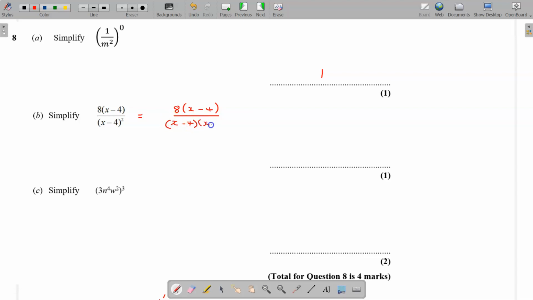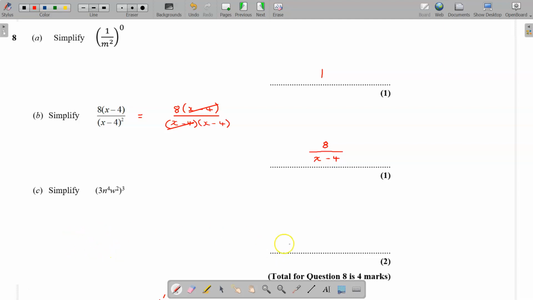And if you do it like that, you can see straight away that you have a common factor of x minus 4, on the numerator and denominator. So all you need to do is just cancel out an x minus 4 with an x minus 4, and that leaves you with 8 over x minus 4.